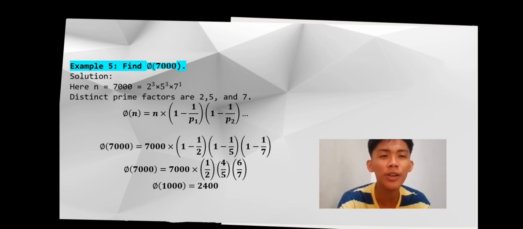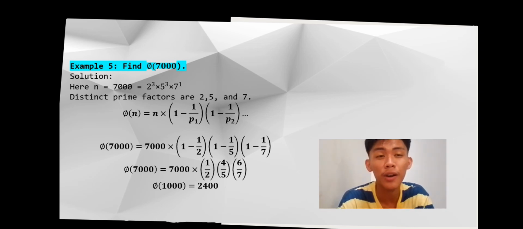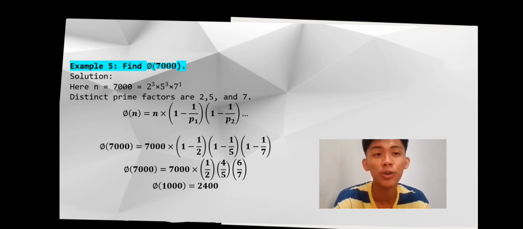The first thing we need to do is to find the factors using prime factorization. The result will be 2 cubed times 5 cubed times 7 raised to the power of 1. Now our p sub 1 here is 2, our p sub 2 is 5, and our p sub 3 is 7.